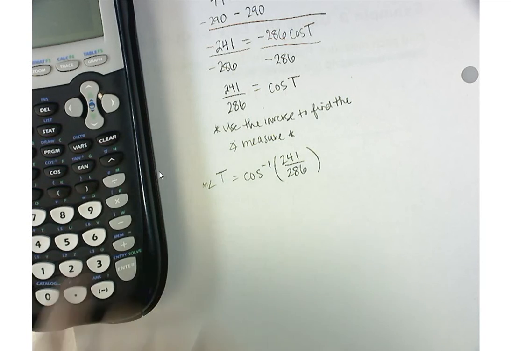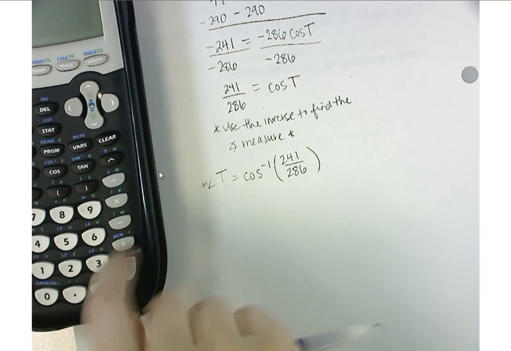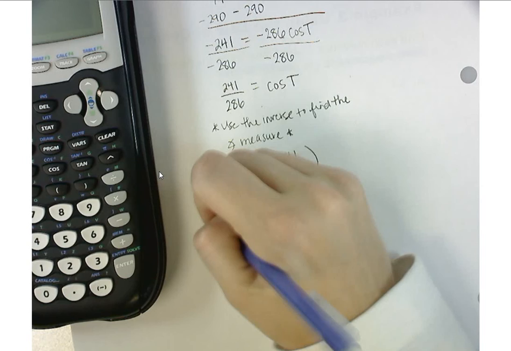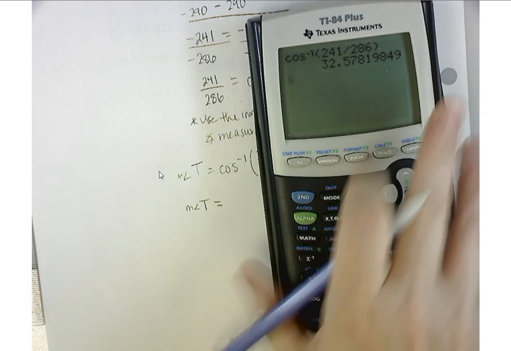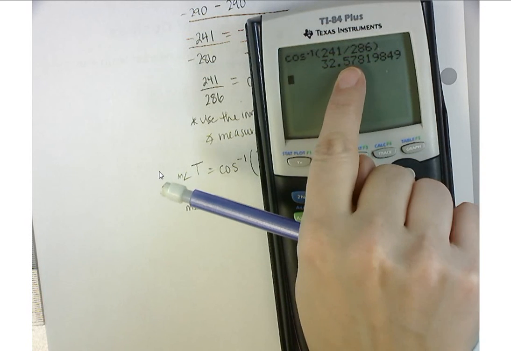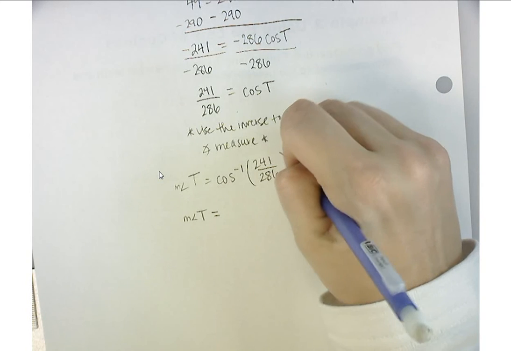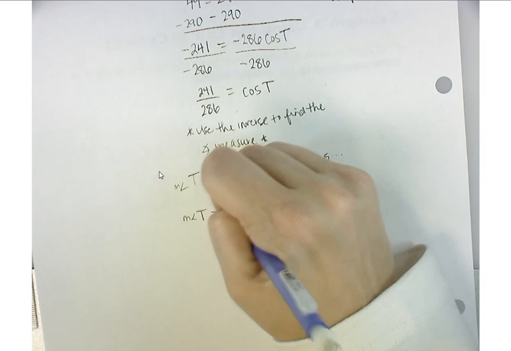I'm going to do the inverse cosine of 241 divided by 286. And then remember, we are rounding this to the nearest degree, the nearest whole number. So it's 32.5, which means this is going to be 33 degrees.